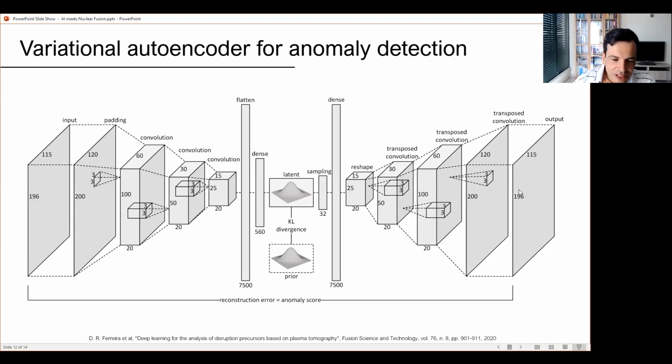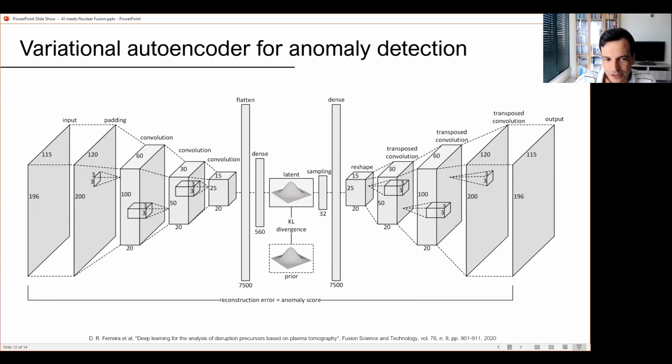And we ask the model to learn to reproduce those profiles. In particular, the experiments that do not end in disruption, the non-disruptive experiments, are extremely valuable to train this model. So the model is trained basically on experiments that go well. And then suddenly, when we have an experiment that doesn't go well, we feed the model with the profiles that we compute from the signals.